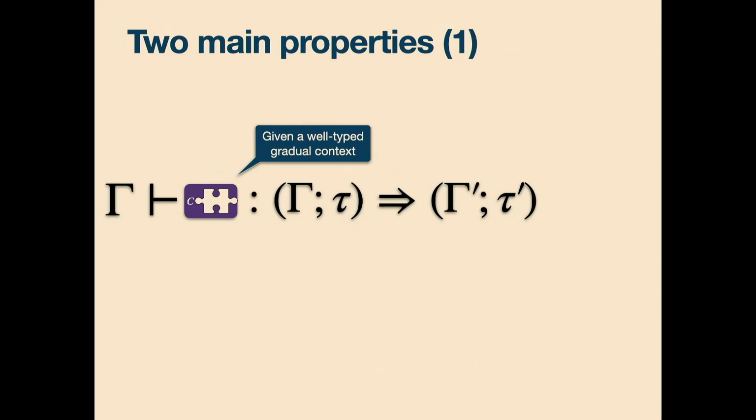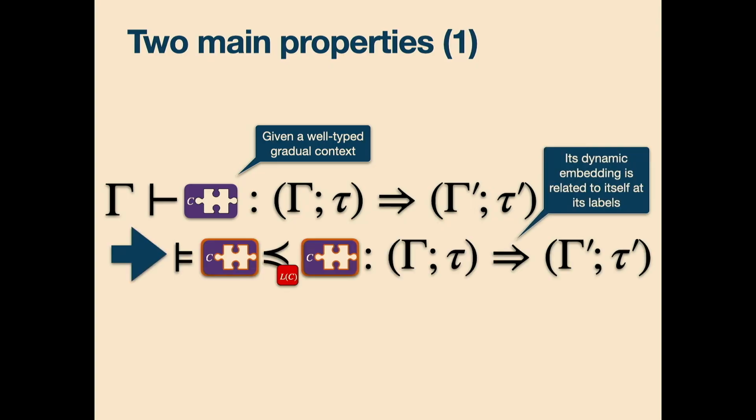So to prove this, we prove two main properties. The first one is, given a well-typed Gradual context, we prove that it is related to itself under the labels found in the context.